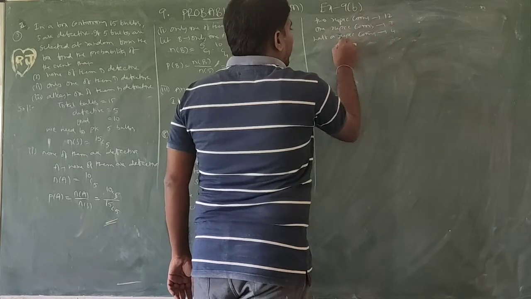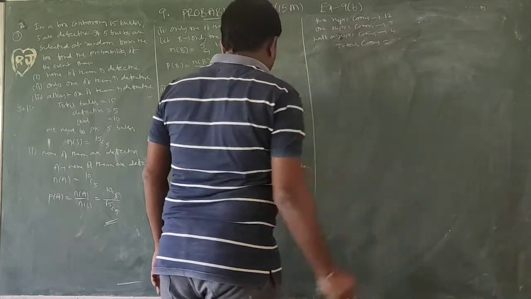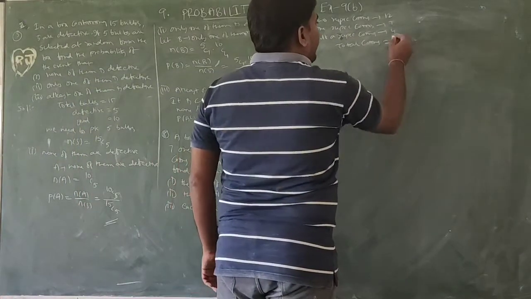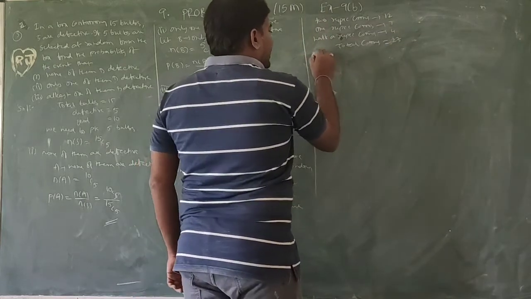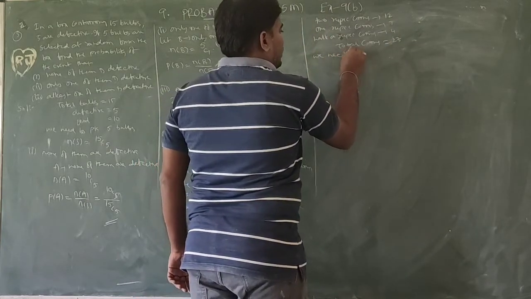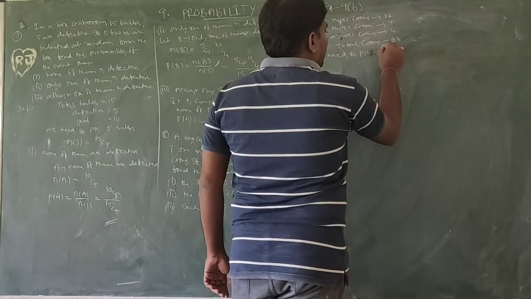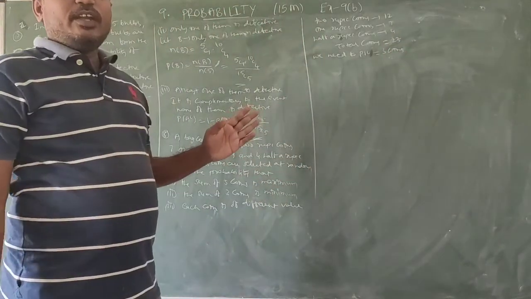For total coins, how many coins total? We need to pick 3 coins. First 12 plus 7, 19 plus 4, 23 coins. Out of 23 coins, we need to pick 3 coins.